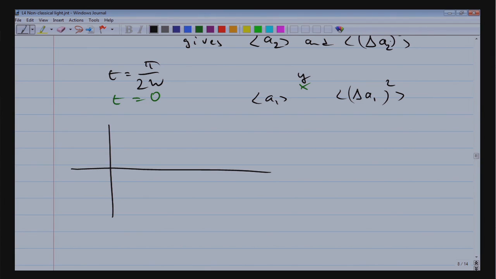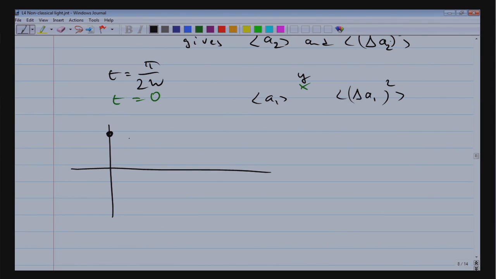If we had a classical motion, which would simply be cosine omega t, if we had a motion which were only cosine omega t, yes, it would be a point on the y-axis.